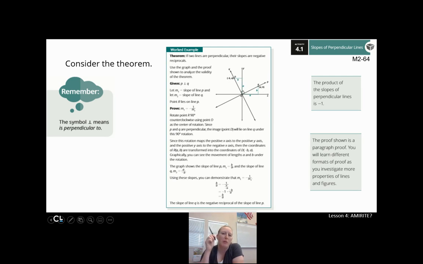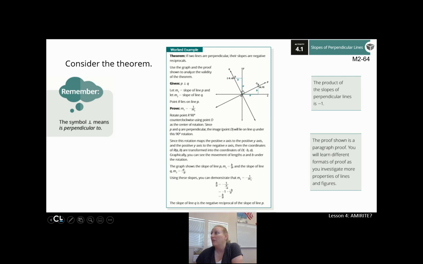Now, if you remember when we were playing with rotations in our getting started activity before you started this video, do you remember what happened with our coordinates, if this was A, B? A and B had to switch, and the front one became the opposite.